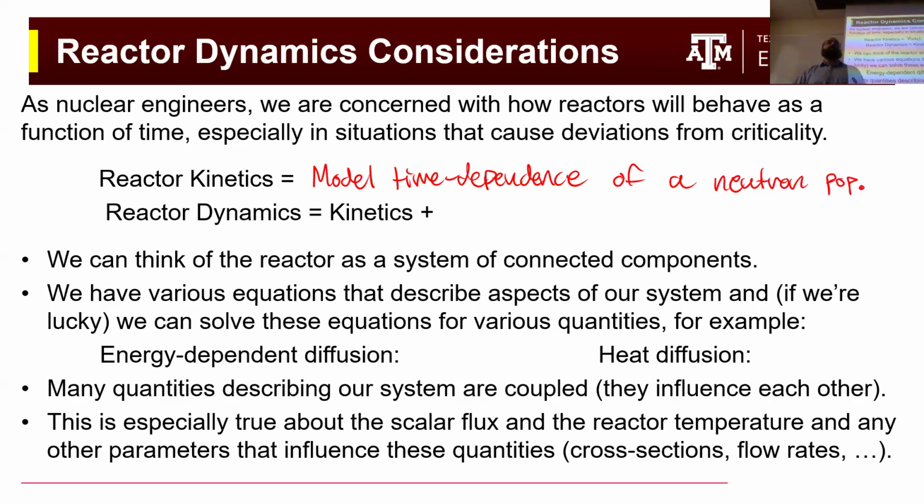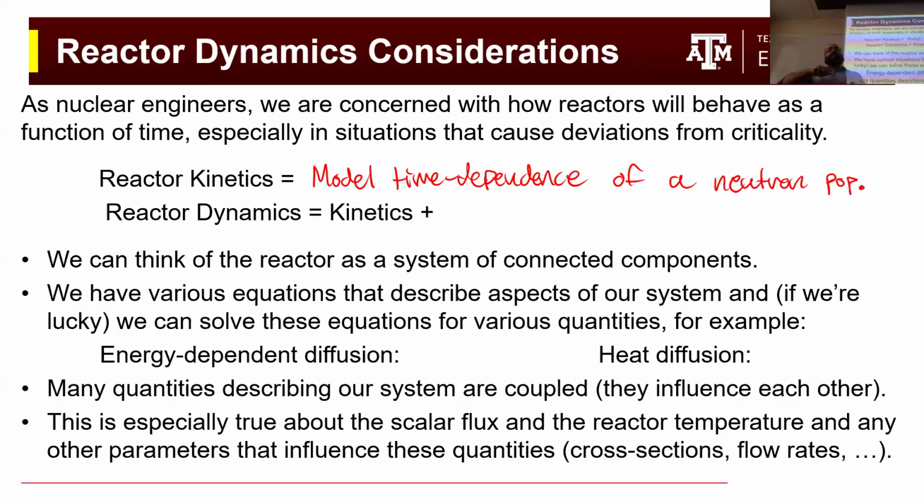That's what point reactor kinetics is. If we were to solve them, we would get the neutron density as a function of time, and we could say how the density evolves. And so that's kinetics.